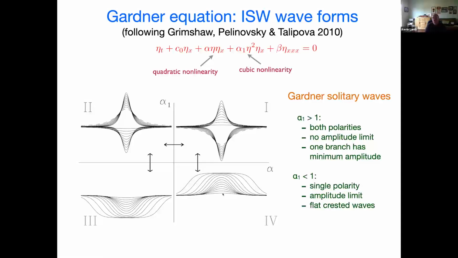As the waves get larger, initially they get narrower as KdV predicts, but then they asymptote to some maximum amplitude, and as you put more energy into the waves, they just get wider and wider and become flat crested. So if I change the sign of alpha, I just flip everything over. If alpha is negative and alpha 1 is positive, I now have waves of depression for any amplitude, waves of elevation with some minimum amplitude.